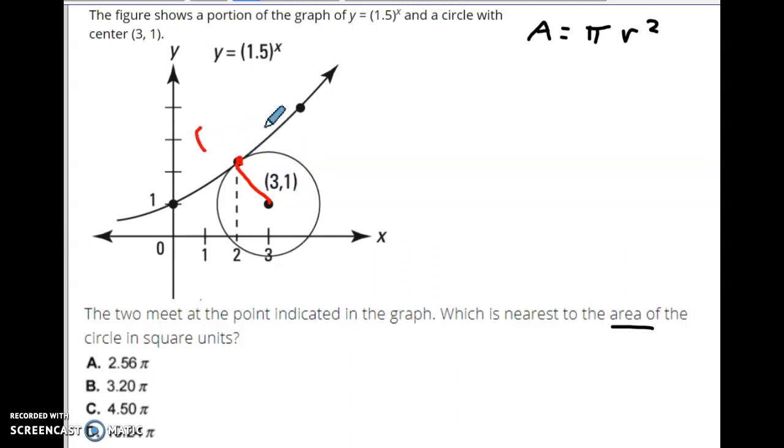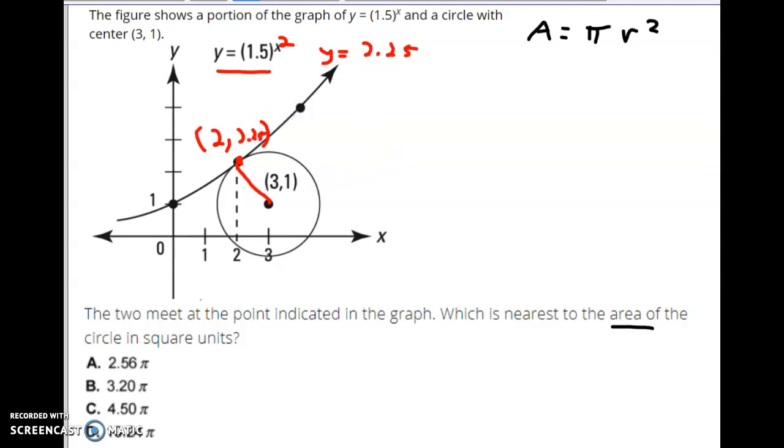All right, and so the way we do that is this point is from that equation, and so I know the x coordinate is 2, but to find the y coordinate, I have to plug it in. So this is my little equation. If I put x as 2 in, then y must be 1.5 squared, which is 2.25.